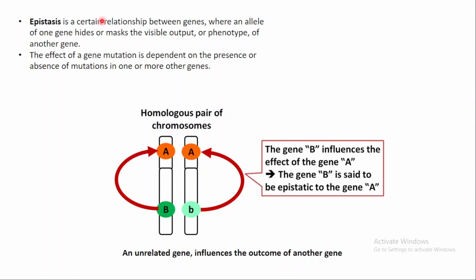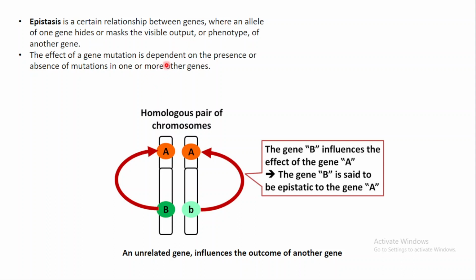Epistasis is a certain relationship between genes where an allele of one gene hides or masks the visible output or phenotype of another gene. So it doesn't have to necessarily be consecutive for the epistasis. So A can be epistatic over C because A can regulate the visible output or phenotype of enzyme C.